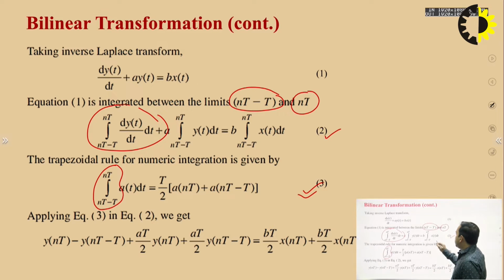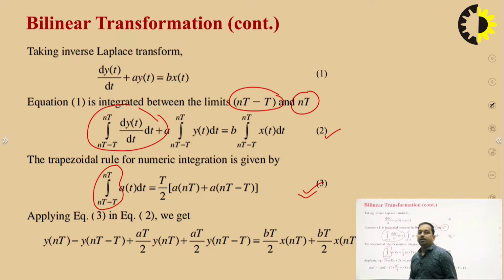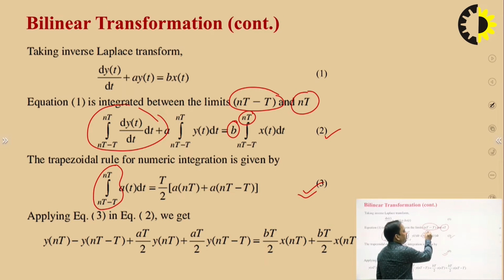Similarly on the right we apply the trapezoidal rule: B is a constant, T by 2, times x(nT) plus x(nT minus T). So this is the equation.